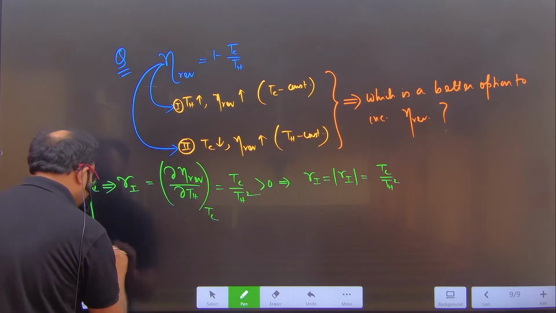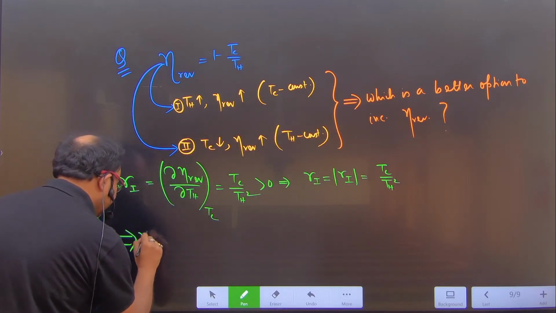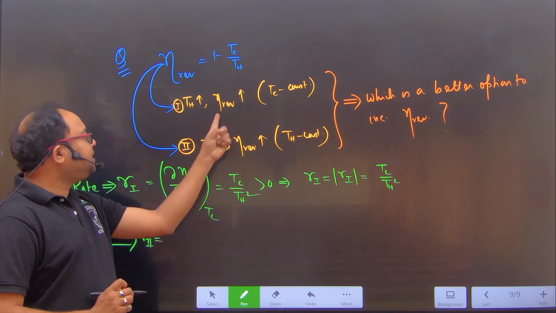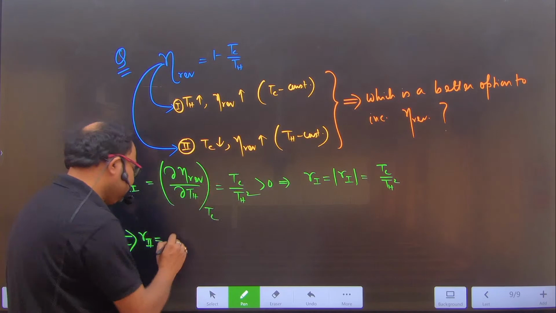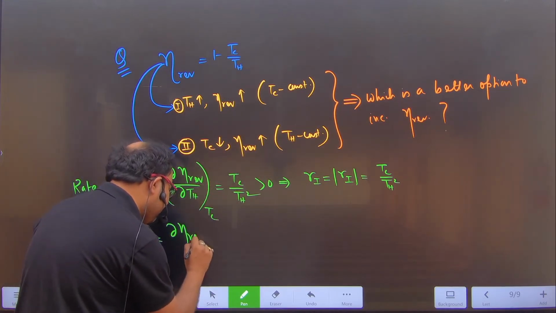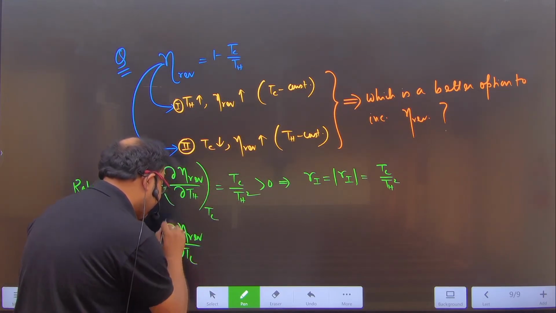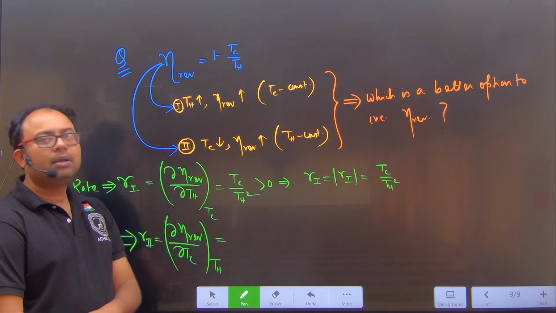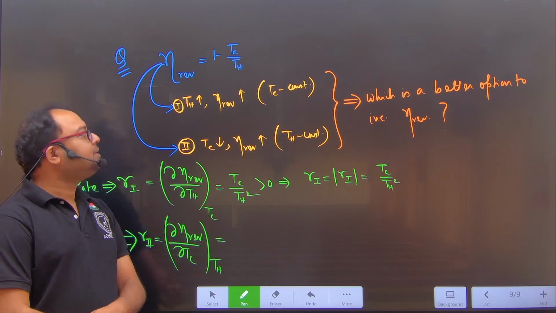Now R2. What is the expression of R2? R2 is the rate of change of eta with Tc, at constant Th. Now if you differentiate with respect to Tc, then what you are getting?